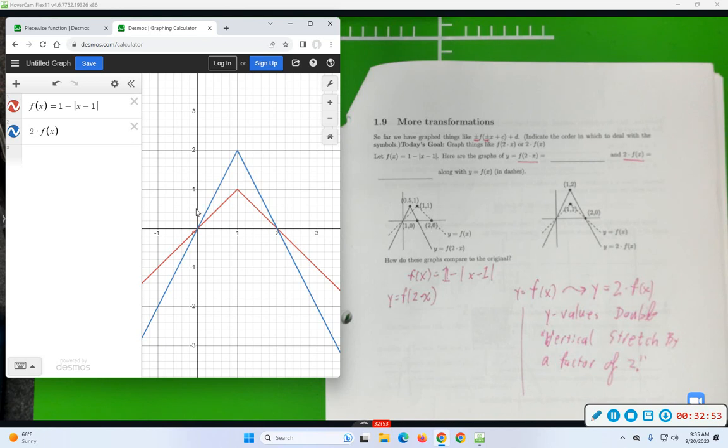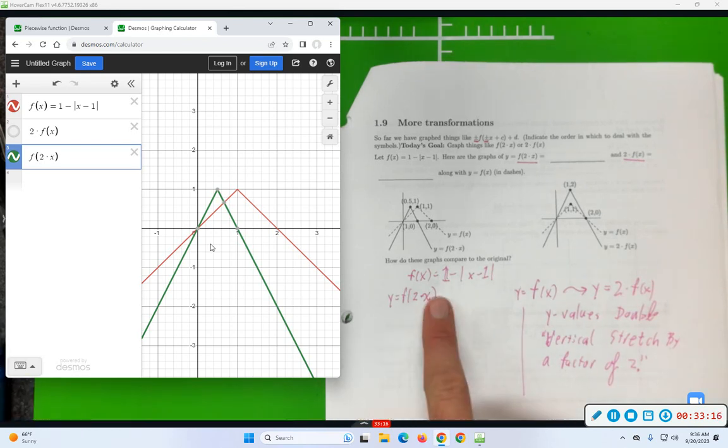I think the x values will get divided by 2. And let's see if that happens. F of 2 times x. Turn off this graph. Does that look right? Going from red to green, does it look like all the x values on the graph have been halved? Yeah, cool.